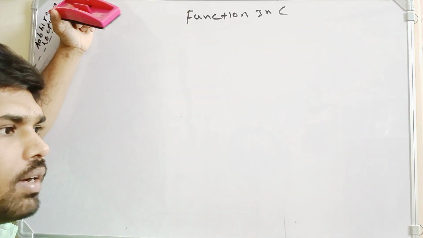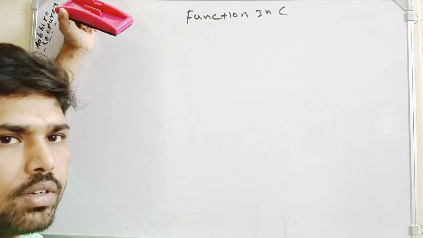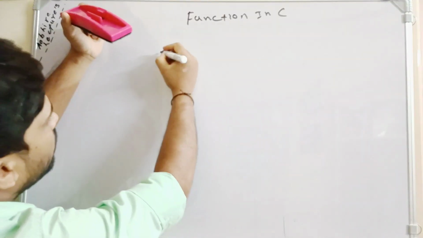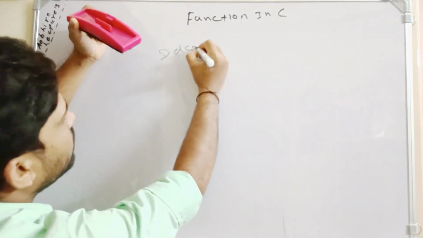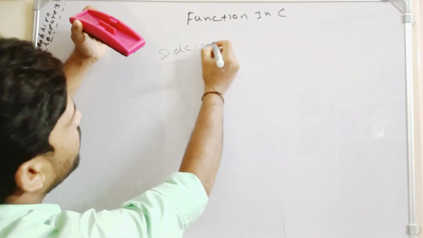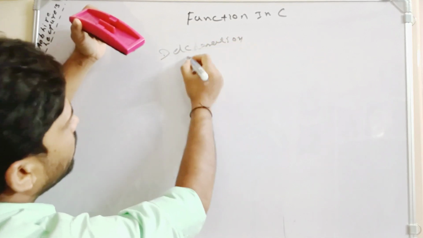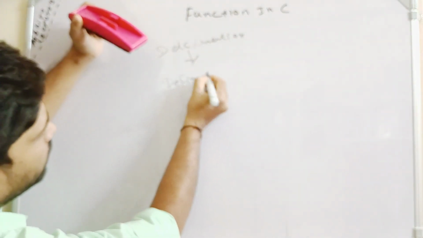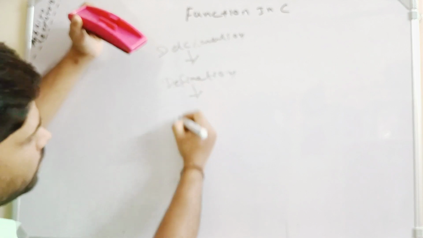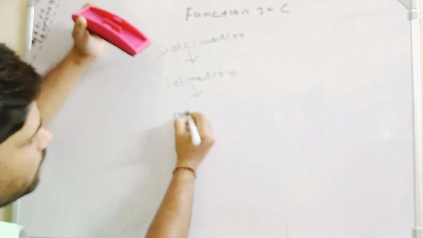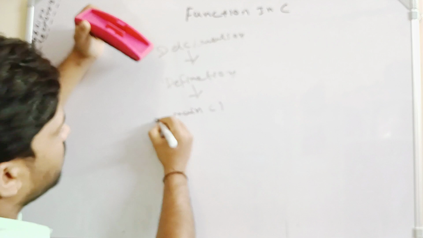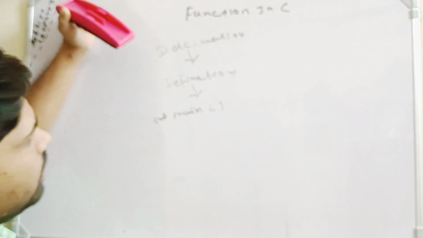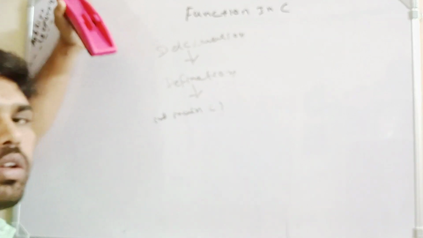Then after the declaration, the compiler goes to the definition. Then that function will be called in the main function. This is the process, the way the function is called.